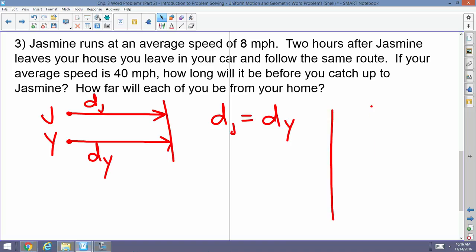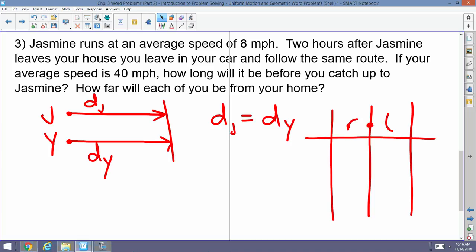Let's make my table. Remember that rate times time equals distance. And we have Jasmine's rate, and Jasmine, and then we have you. What is Jasmine's rate? 8 miles per hour.